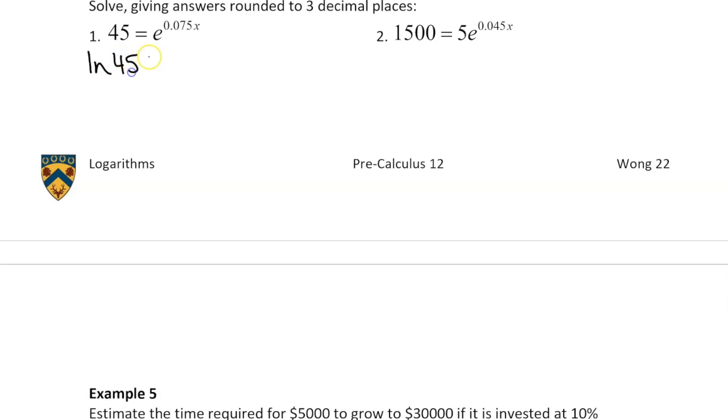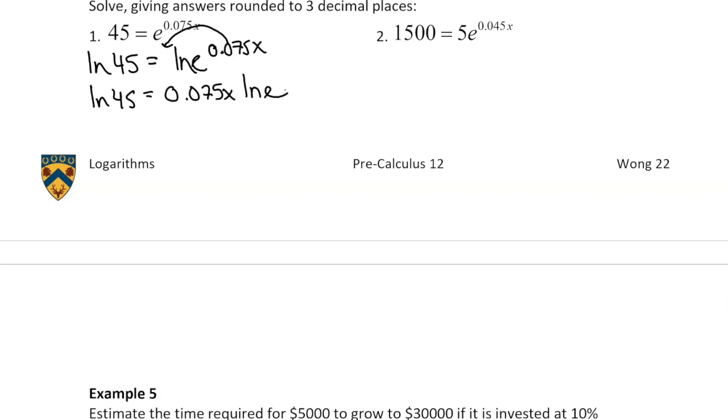So ln 45 equals ln e to the power of 0.075x. Okay, and let's kick that in front and rewrite that: ln 45 equals 0.075x of ln e. So again, if you log both sides, you'll get the exact same answer.